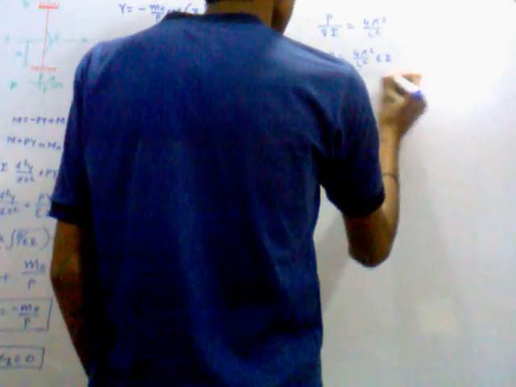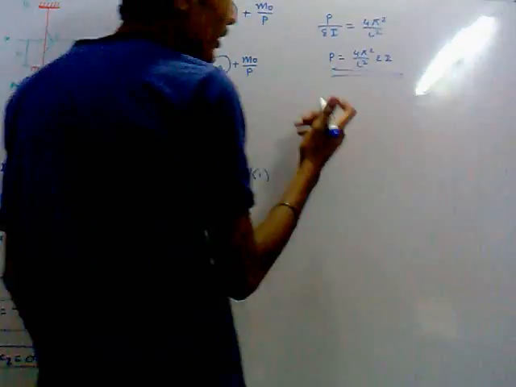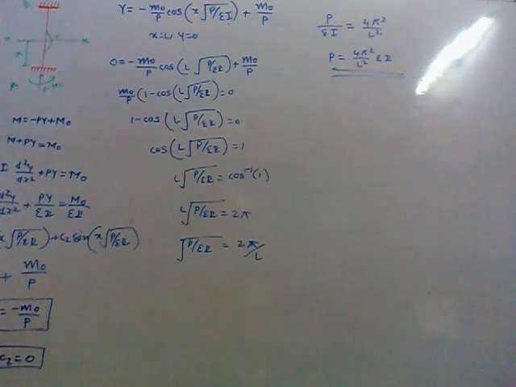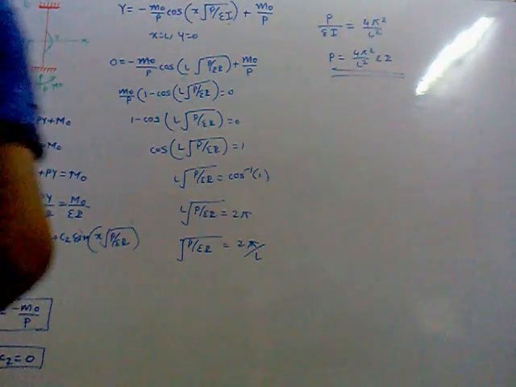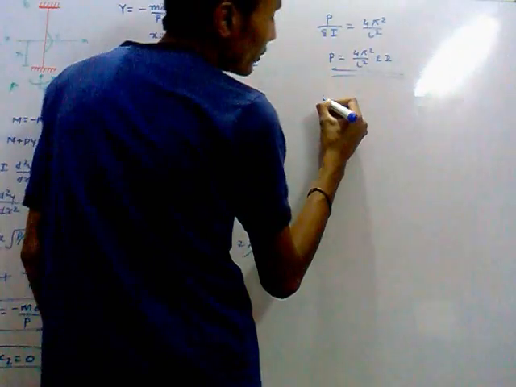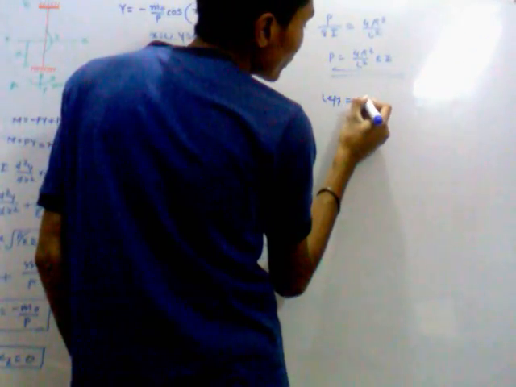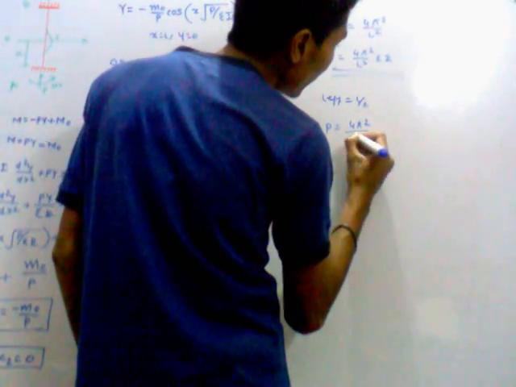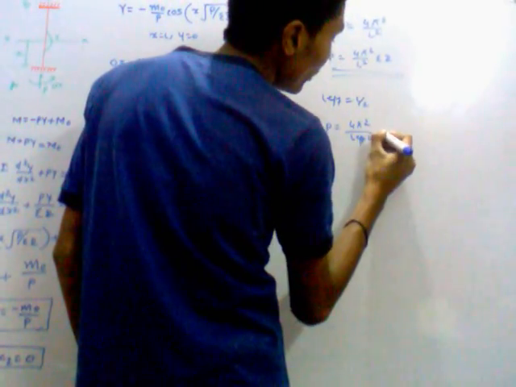So this is the equation. Whenever both ends are fixed, take L effective equals L by 2. So the equation is P equals 4 pi square upon L effective square into EI.